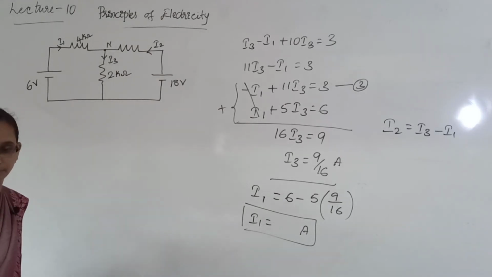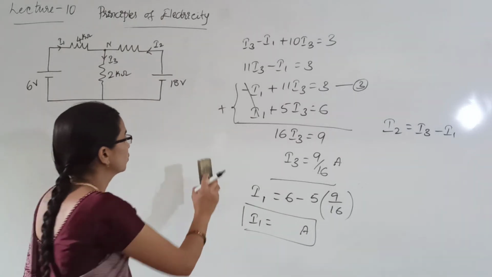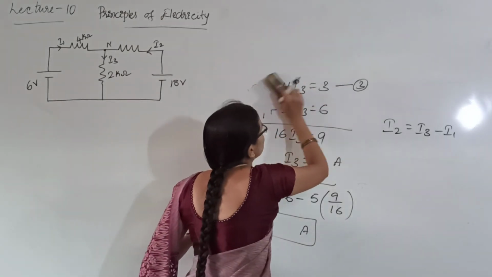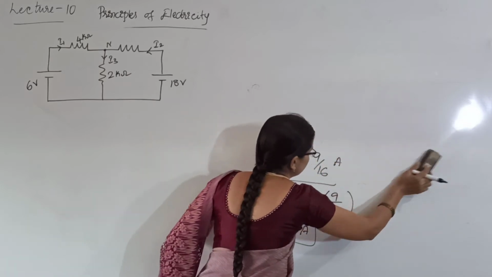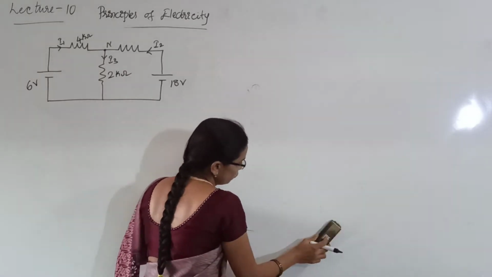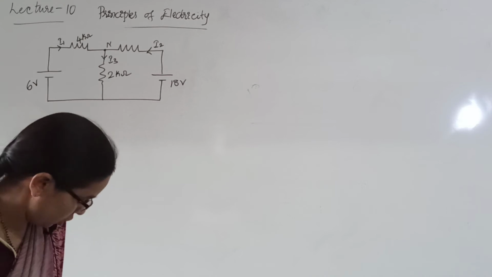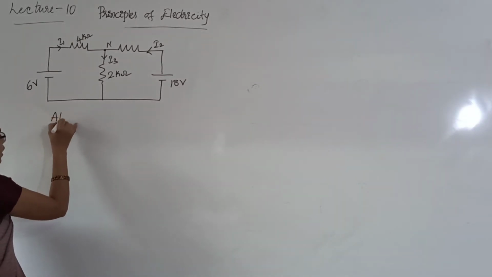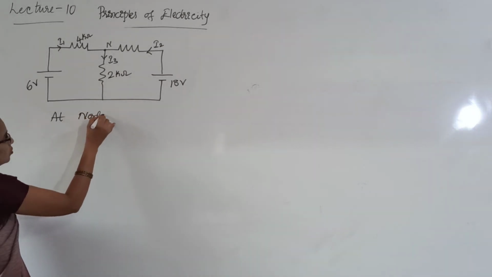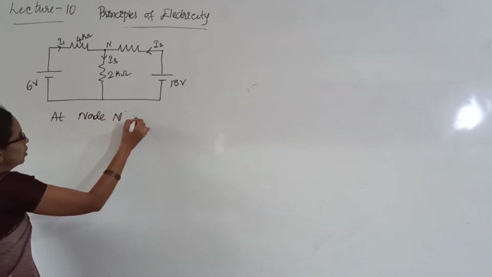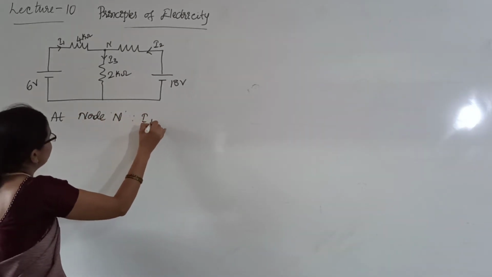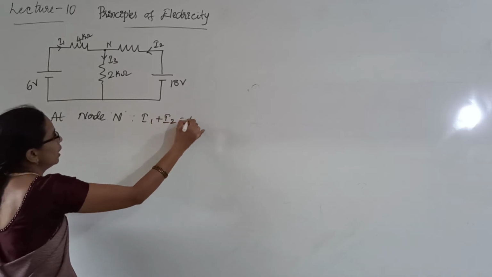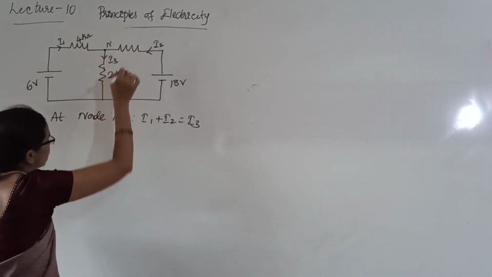In this, you people start calculating it by yourself, and I will join you at node A, at node N. What happens? I1 plus I2 is equal to I3. Okay.